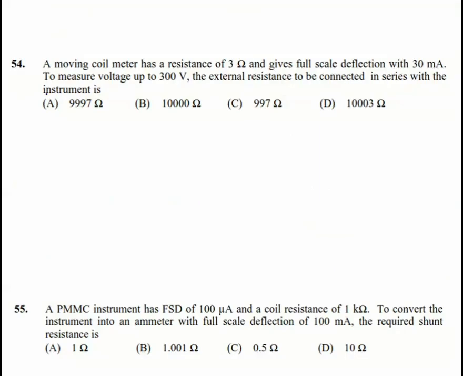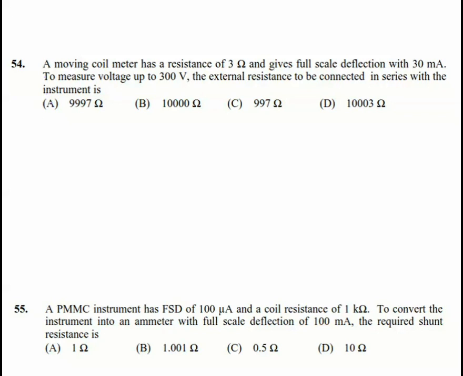And next one, 54th question here, from the measurements: a moving coil meter has a resistance of 3 ohms and gives a full scale deflection of 30 milliamperes. To measure the voltage up to 300 volts, the external resistance that should be connected in series with the instrument is.